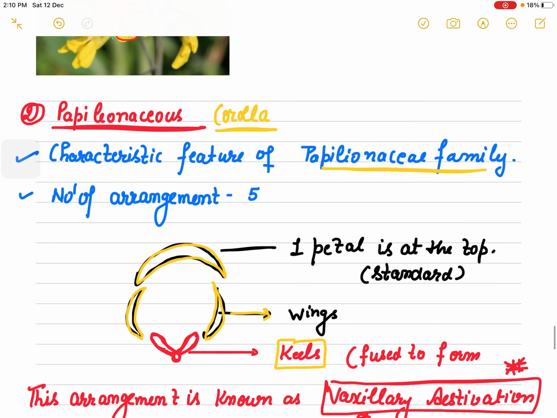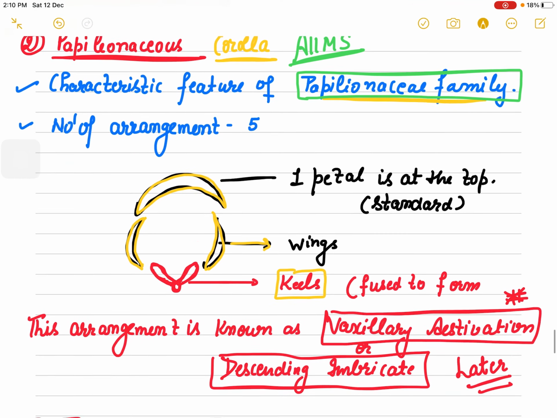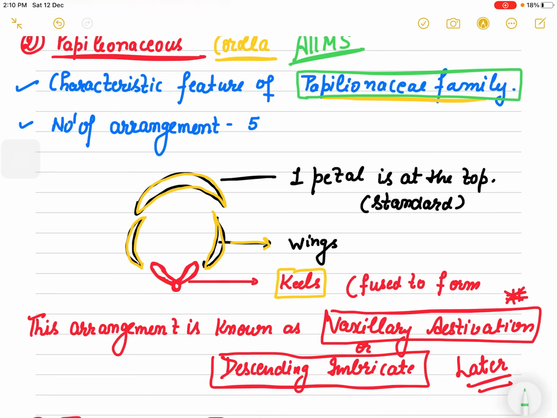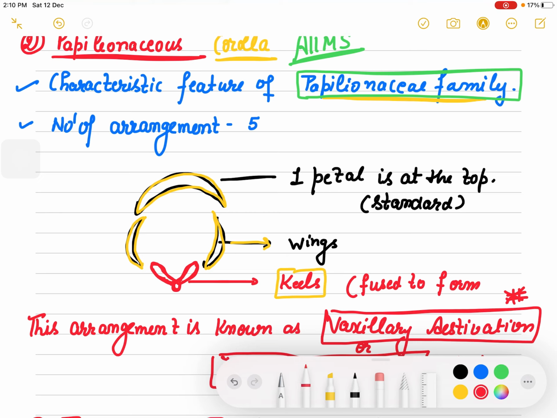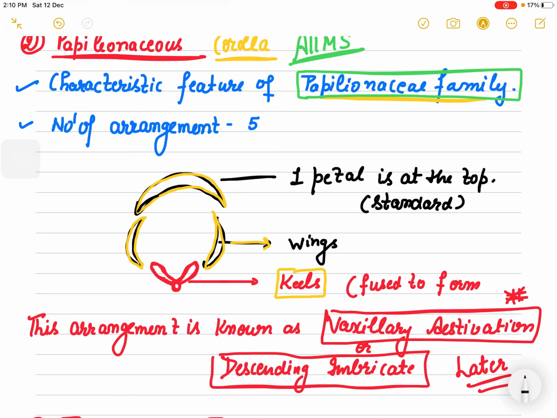The second type of corolla is known as papilionaceous corolla, and it is a characteristic feature of the Papilionaceae family, and the number of petals is 5. Students make a lot of mistakes here. How to draw these 5? First you have to draw a standard petal, a big one, in the center, and then two petals on the sides, inside out.